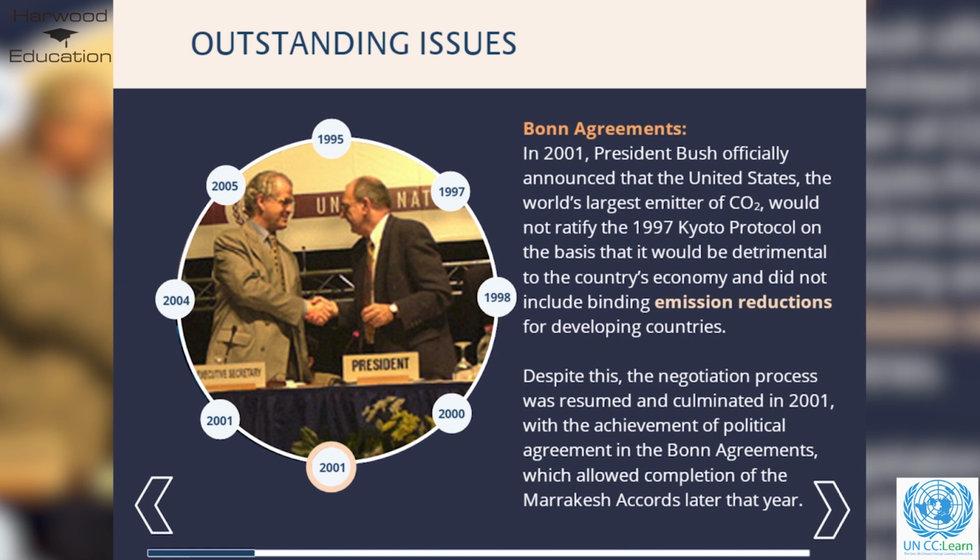Despite this, the negotiation process was resumed and culminated in 2001 with the achievement of political agreement in the Bonn Agreements, which allowed completion of the Marrakesh Accords later that year.